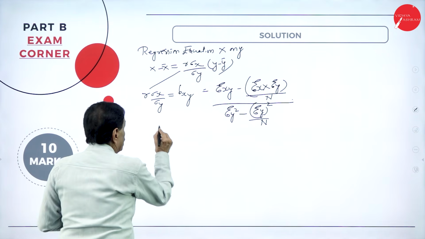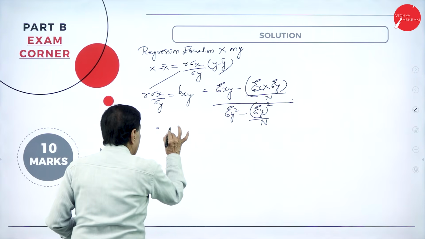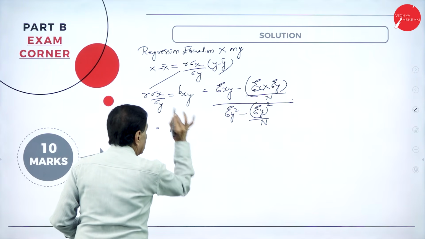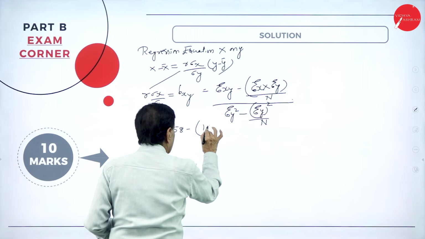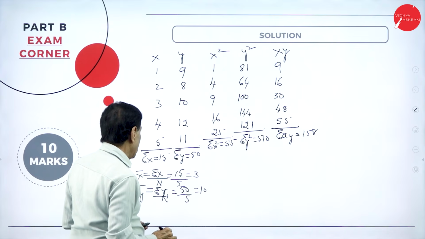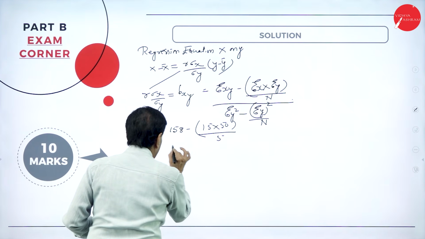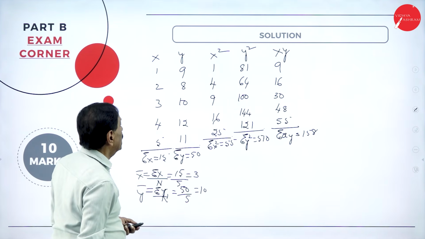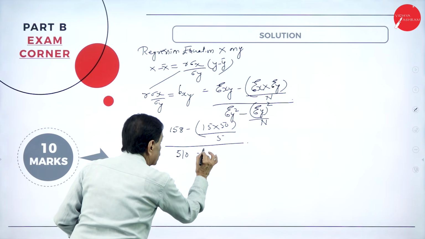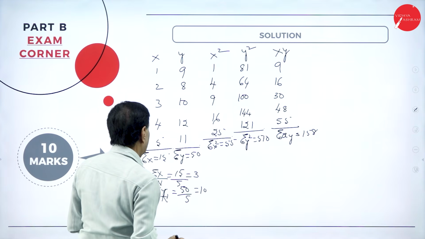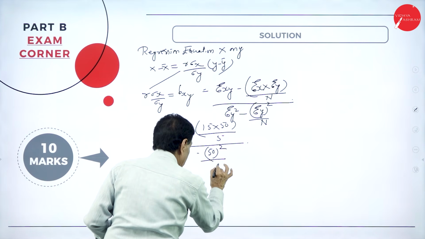We'll apply now. What is sigma xy? 158, minus, what is sigma x? 15, into, what is sigma y? 50. Number of items 5, divided by, what is sigma y square? 510, minus sigma y, 50, whole square divided by 5.